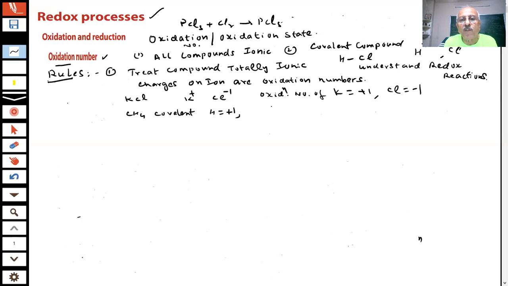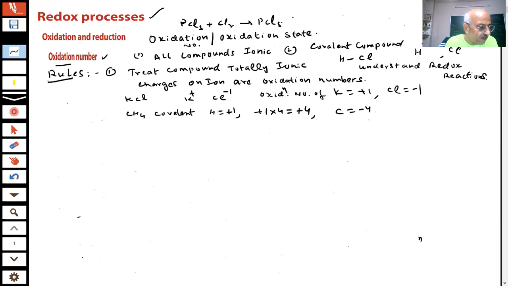There is one carbon and four hydrogens. If we assign the oxidation number, carbon will get -4 in this case, because the compound is neutral. There is no charge on it. So if one hydrogen is +1, four hydrogens will be +4, and carbon will get an oxidation number of -4.